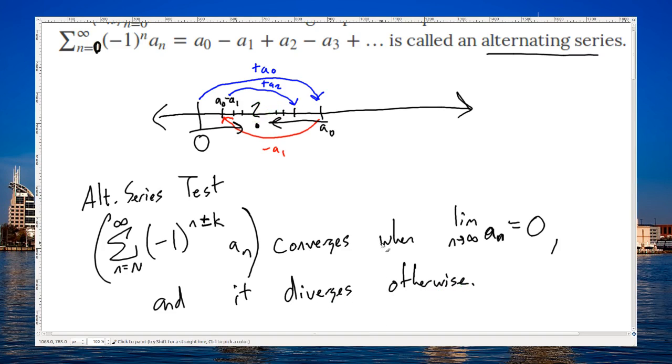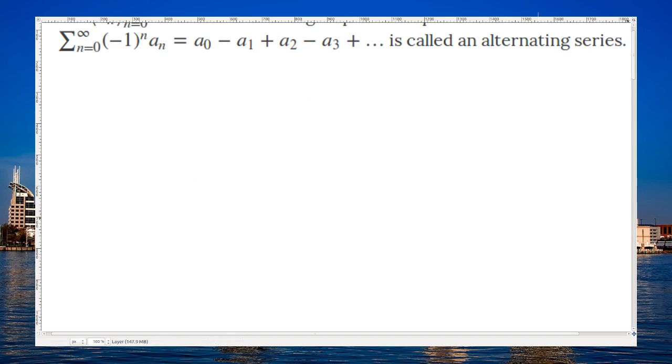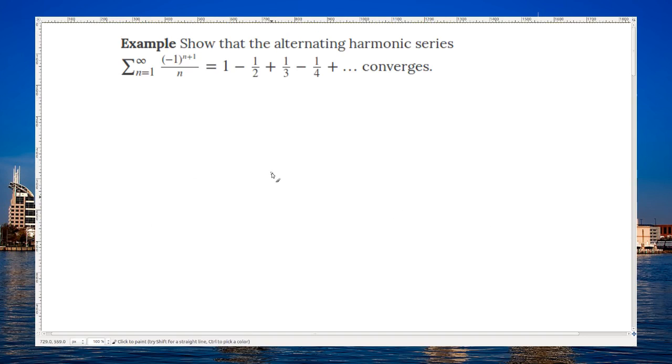Okay, so let's put this to the test with a couple of examples. We're going to show that the alternating harmonic series converges. And so the harmonic series, let's remind us what that is.